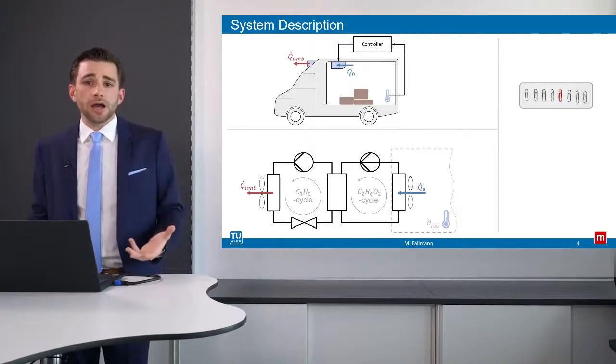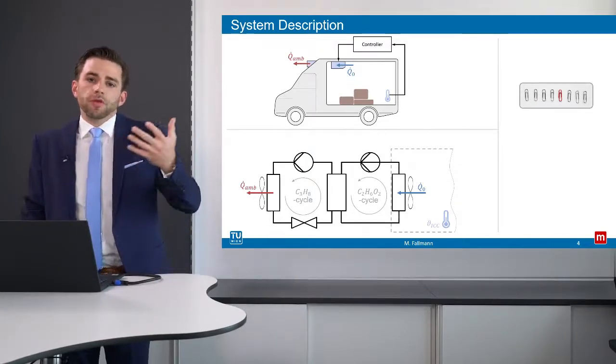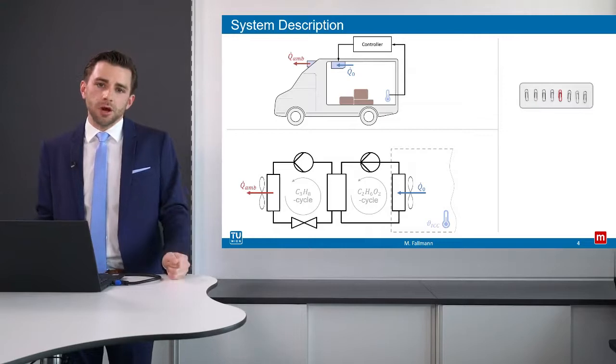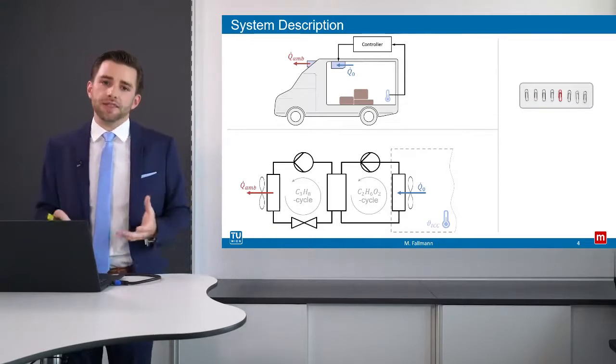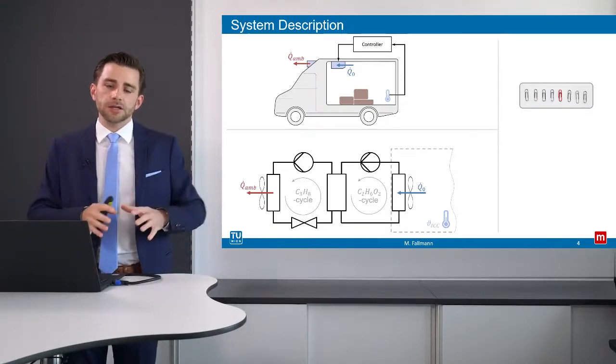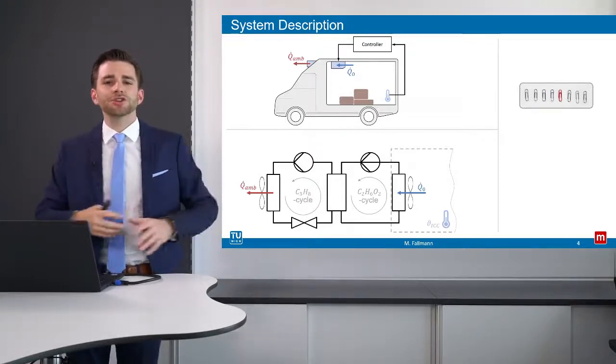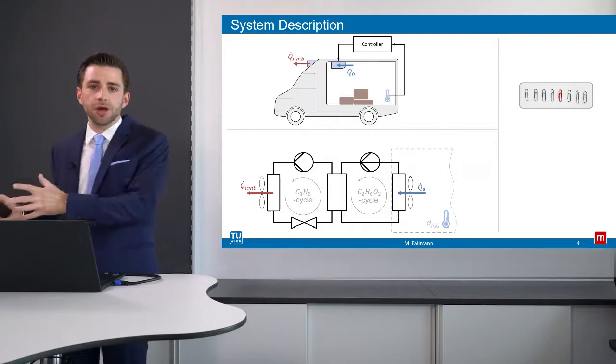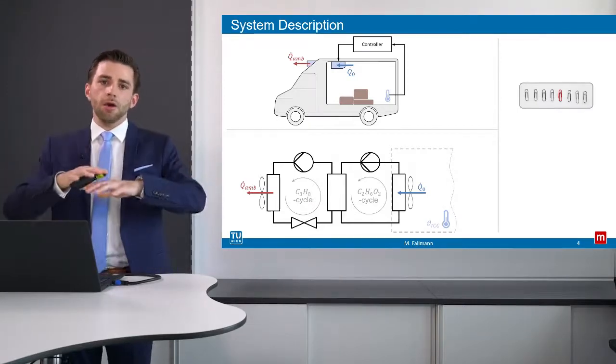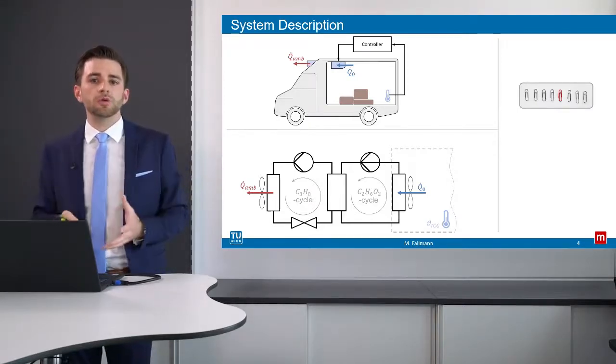The question arises, why do we choose such a comparably complex system architecture? What are the possible advantages? On the one hand, the refrigerant propane in our setup cannot contaminate any goods within the cooling chamber, as they are separated by the glycol water circuit in between.